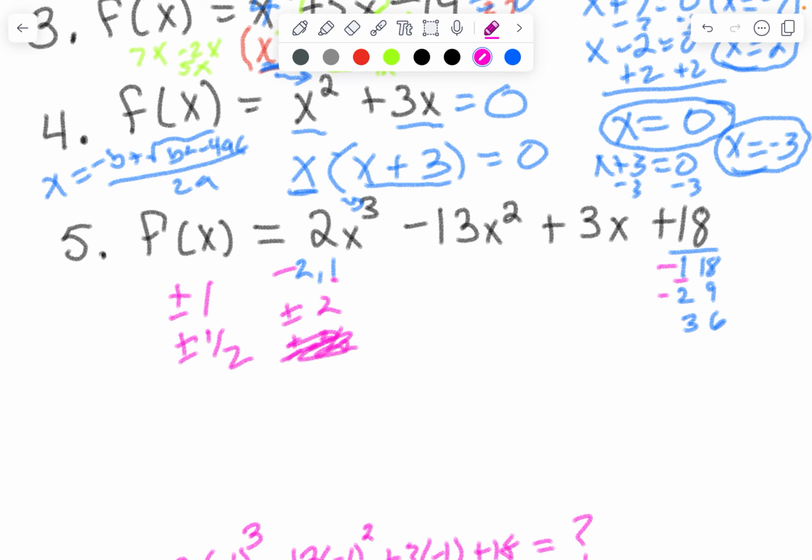Then we go on to 3. Plus or minus 3 divided by 1. Plus or minus 3 divided by 2. That's all my possibilities for 3. Go on to 18. Plus or minus 18 divided by 1. Plus or minus 18 divided by 2, which is 9. And then you go on to 9.